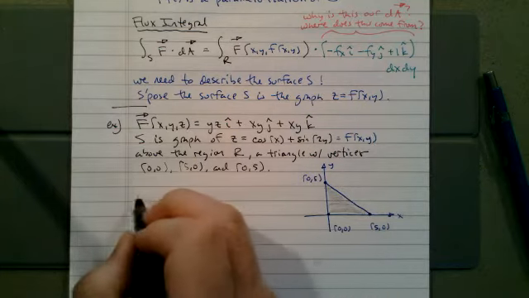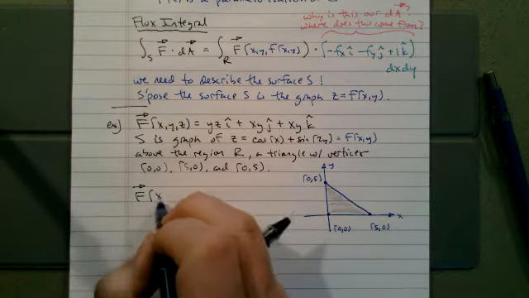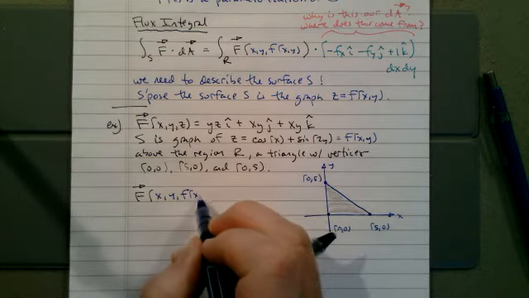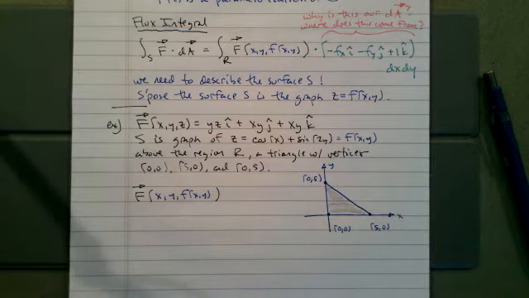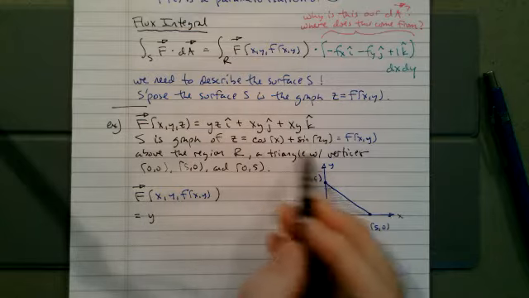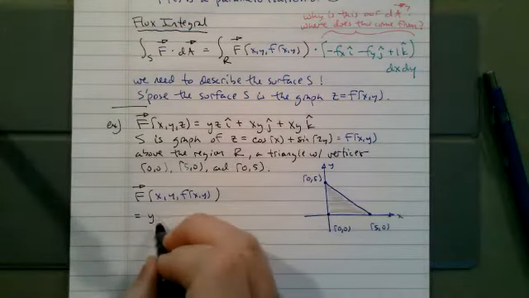Let's just break it off into pieces. F at x, y, and z, which is f at x, y, is going to equal y times z, so I need y times this function.